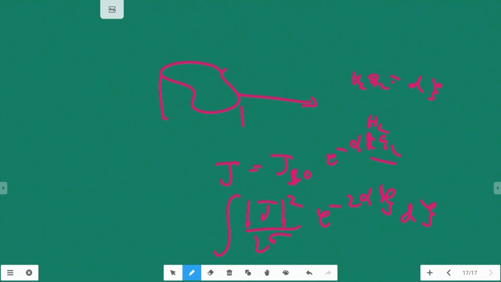That means the power dissipated per unit area: you take a unit area on the surface and you go in depth inside according to the parameter xi. If you integrate over all xi, I get mod J square by 2 sigma as the average power dissipated.